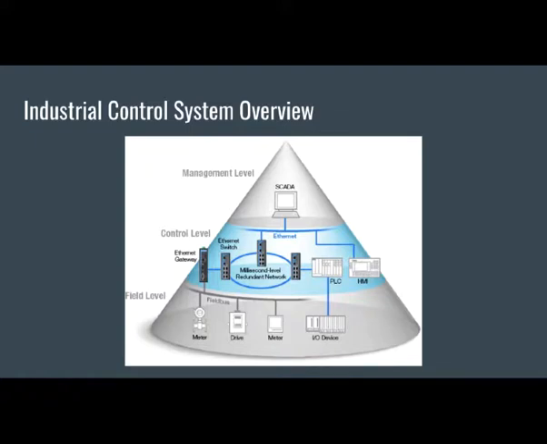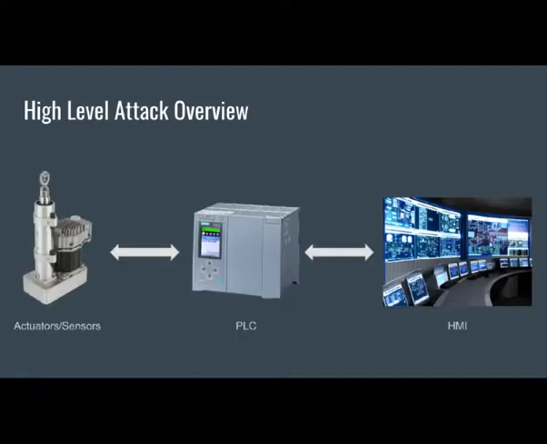Below that is the field level, which contains all the entities and units that interact with the physical world. Zooming in on how Harvey was implemented, it was essentially information transfer from the HMI, or human-machine interface, to the PLCs, sending information back and forth, and then the PLC controls the actuators and sensors.